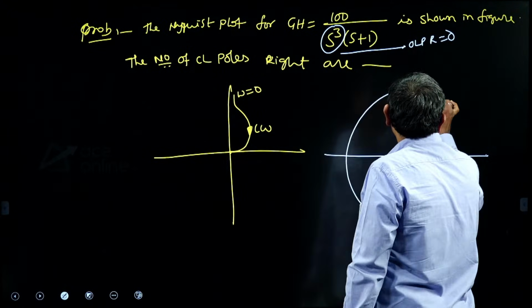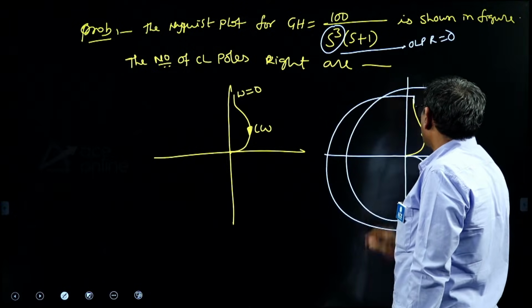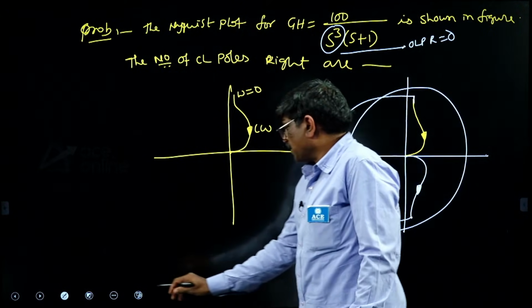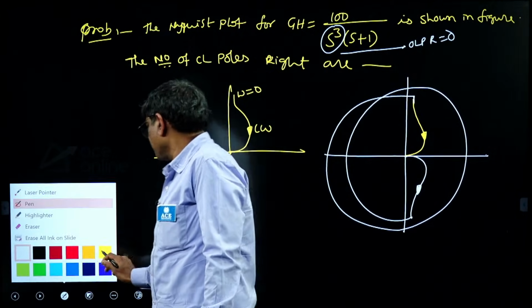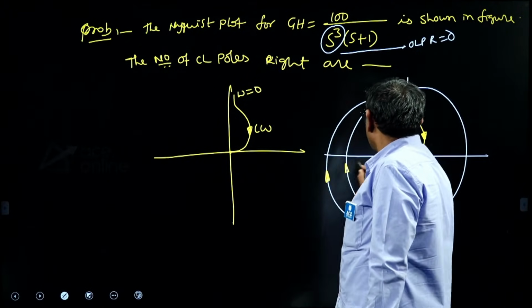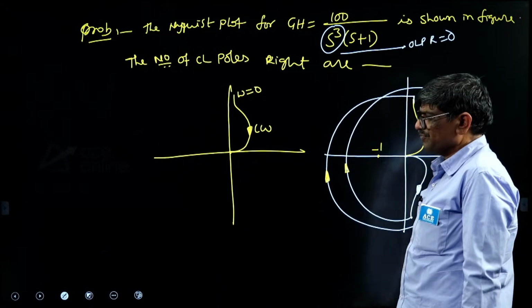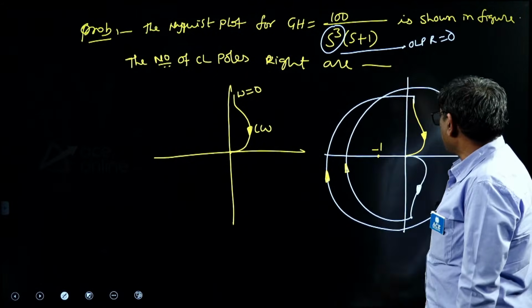So 1, 2 and 3. The last one ends where the polar plot started. It must be in the clockwise direction. The critical point is inside, don't select outside. This is an infinite circle. The critical point is always inside.